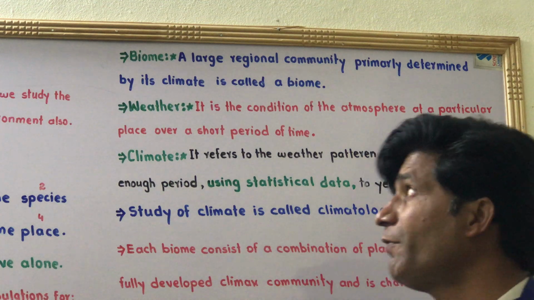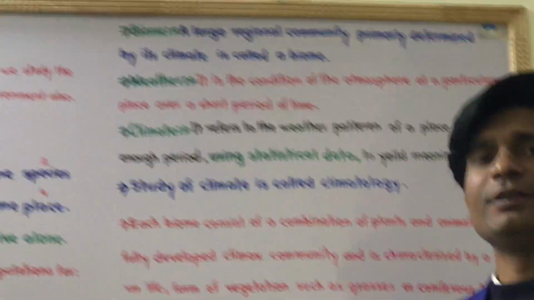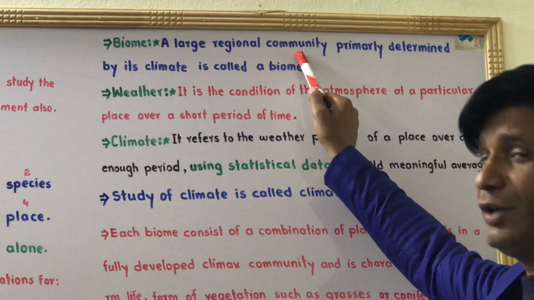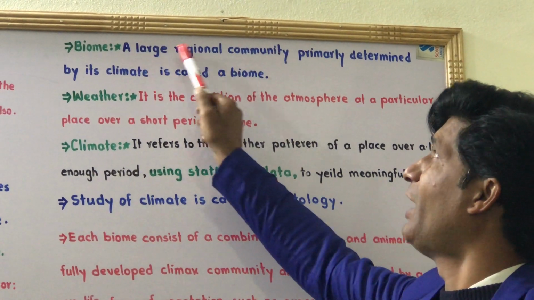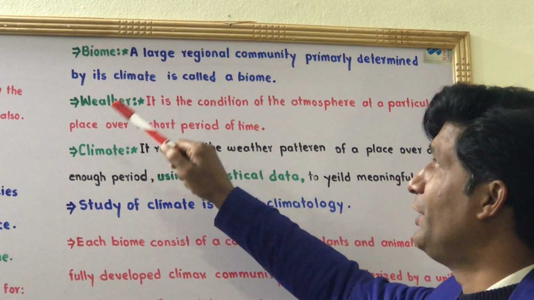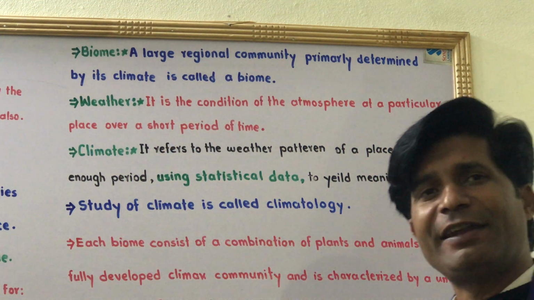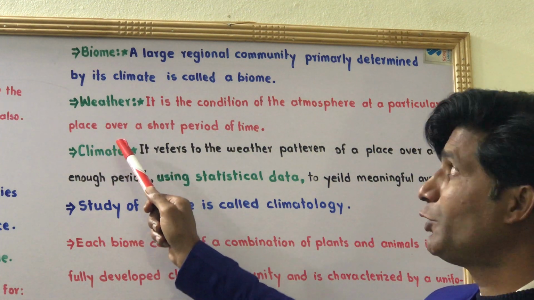In the definition of biome, we have used two conditions: a large regional community, and the identification of the large region is determined by its climate. So, we will have an idea about the weather and climate in order to understand the definition of biome.